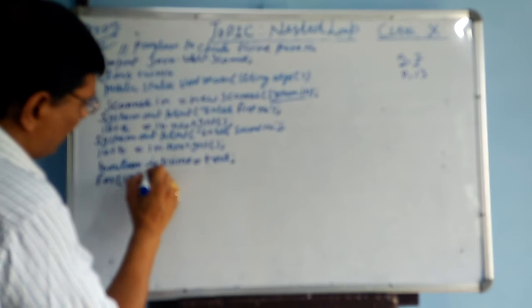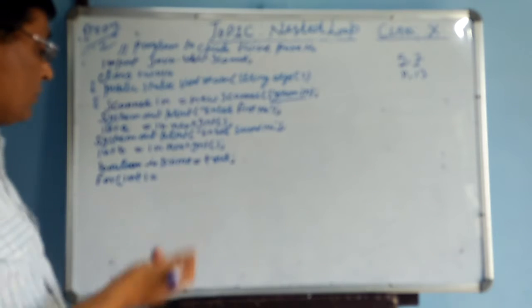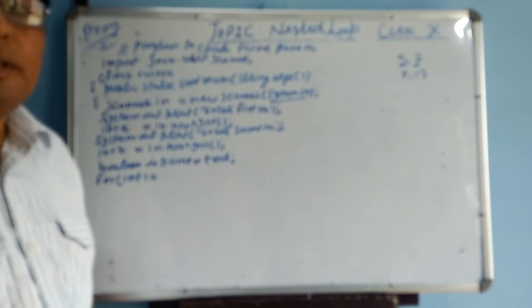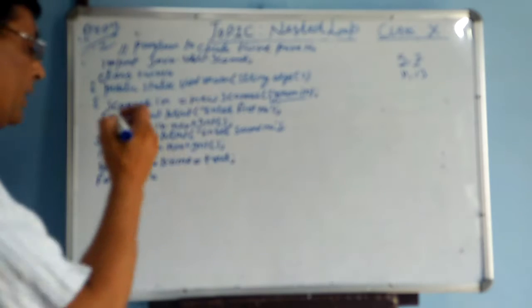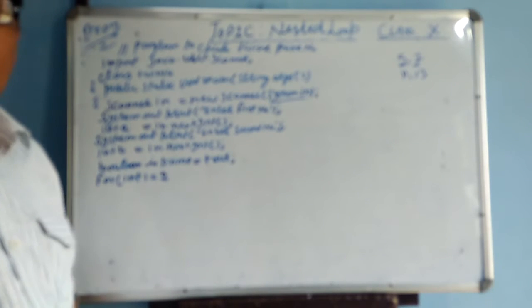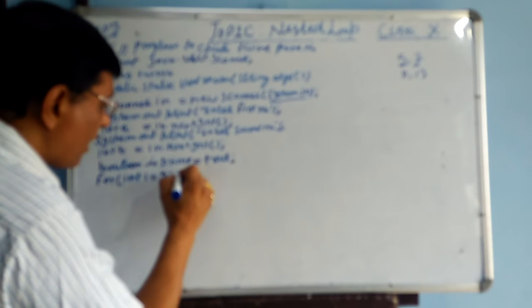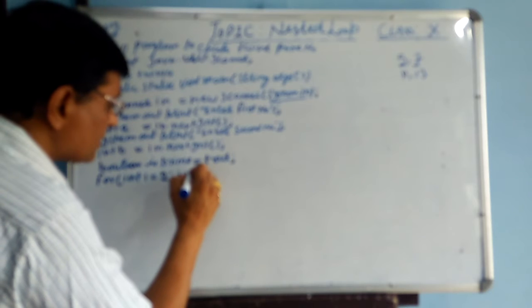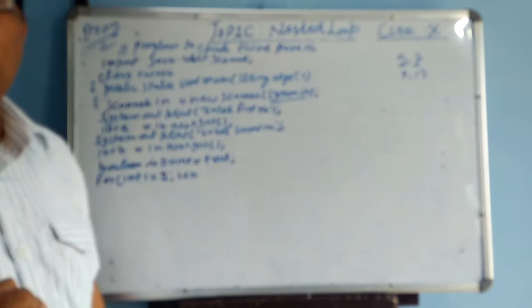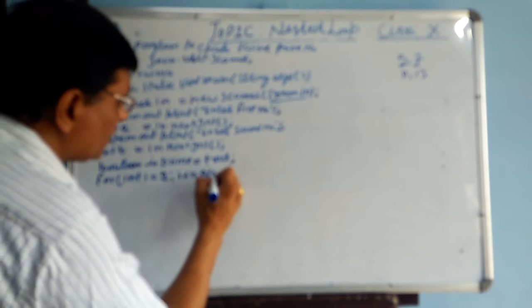Suppose we take the variable i = 2, and then i <= a / 2.